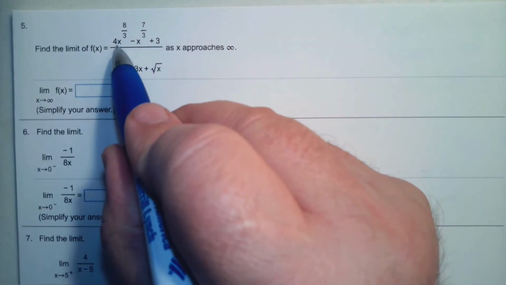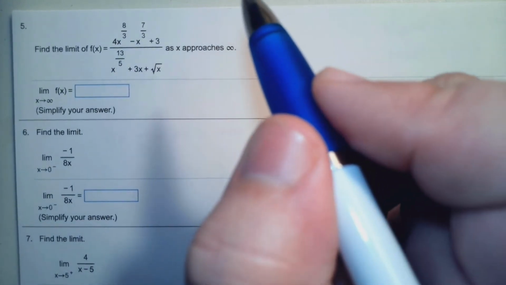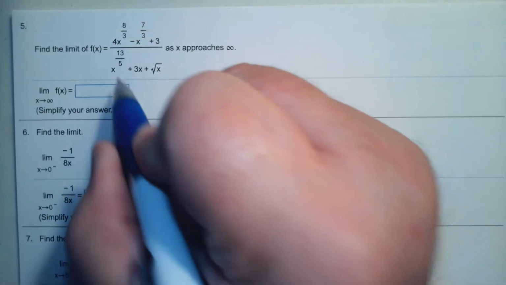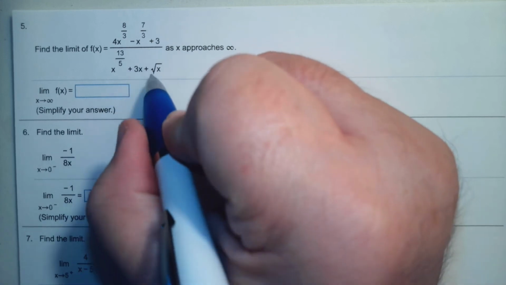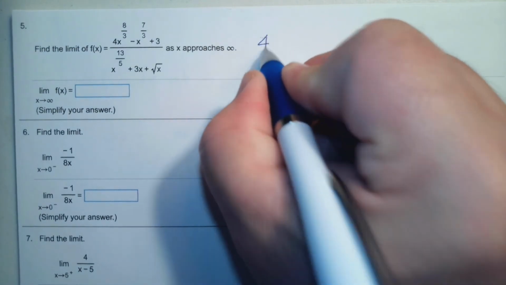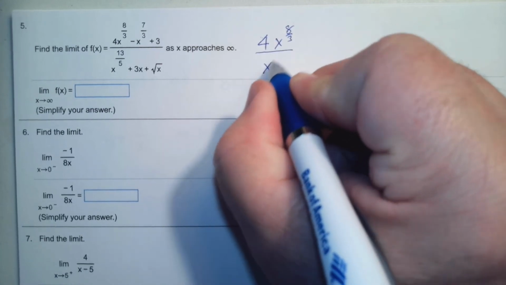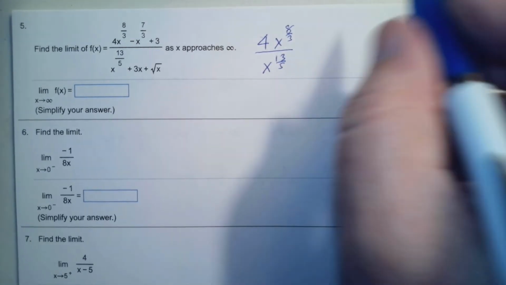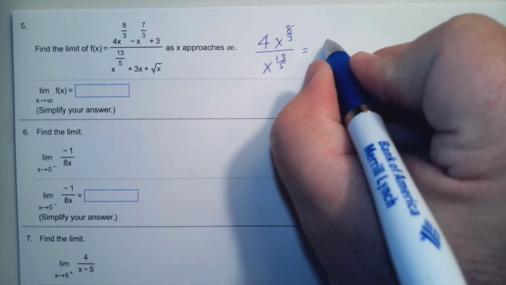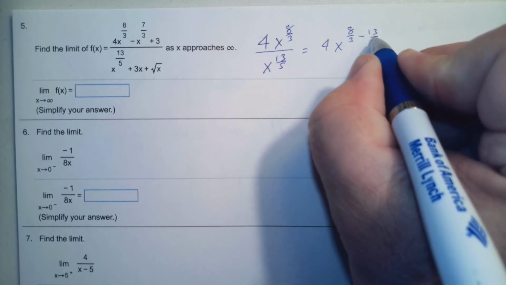Find the limit of f of x of that one minus that one. So 8 over 3 is bigger than that one. As x goes to infinity, 13 over 5 is bigger than the rest of those. So we have x to the 8 over 3 over x to the 13 over 5. Since we're dividing, we can subtract the exponents: 8 over 3 minus 13 over 5.